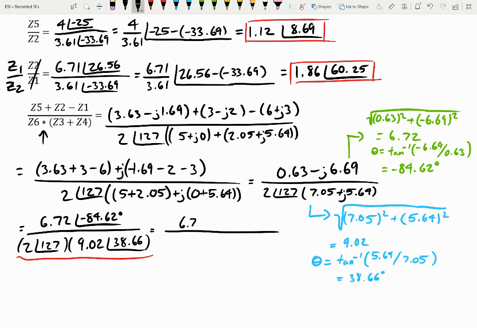Getting a little crowded here, but we're going to be okay. Negative 84.62 degrees, 2 times 9.02. Since we're multiplying, we'll add these angles together.